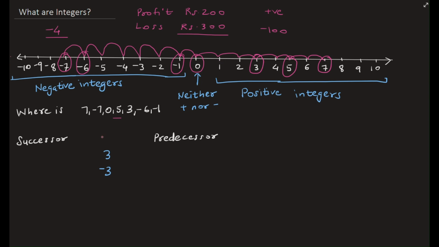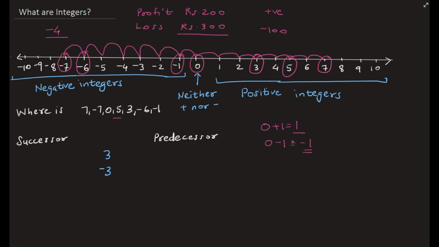So for the number 0, its successor, immediately to the right, is 1. And just to the left, its predecessor, is negative 1. Similarly, 0 plus 1 gives the successor, 1. And 0 minus 1 equals negative 1, which is the predecessor of 0.